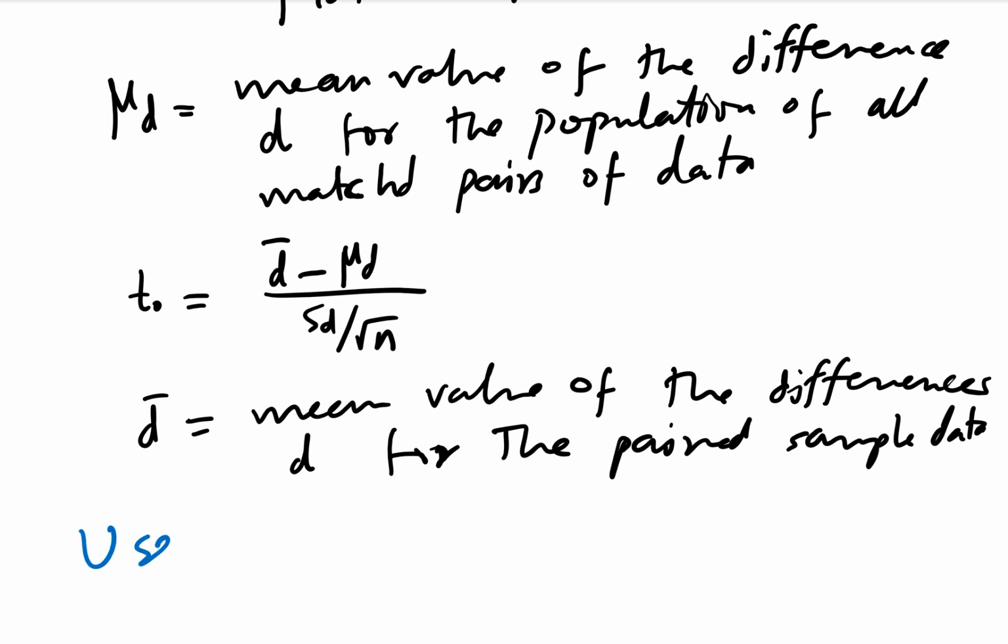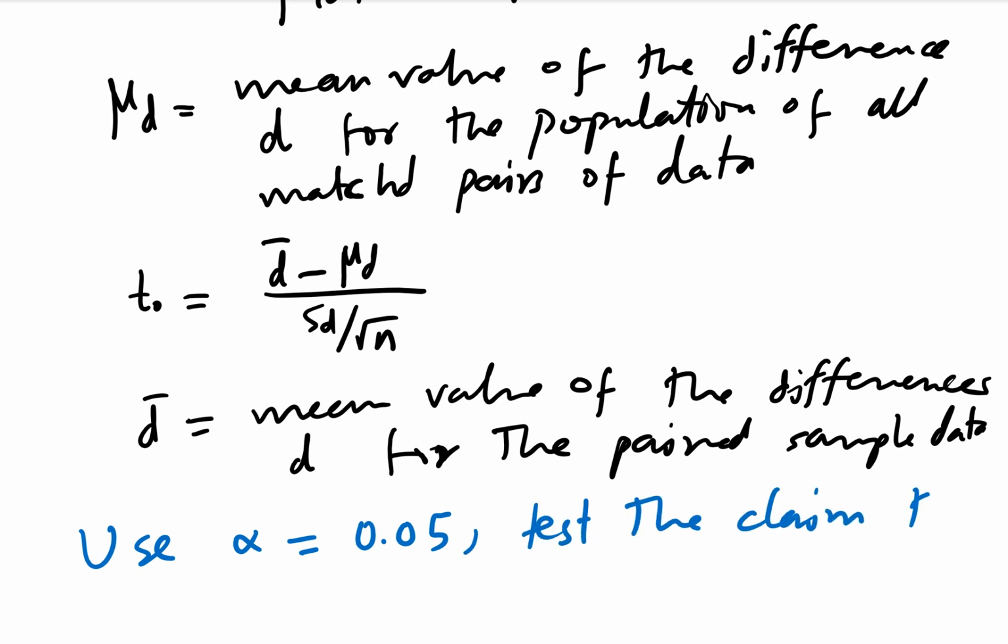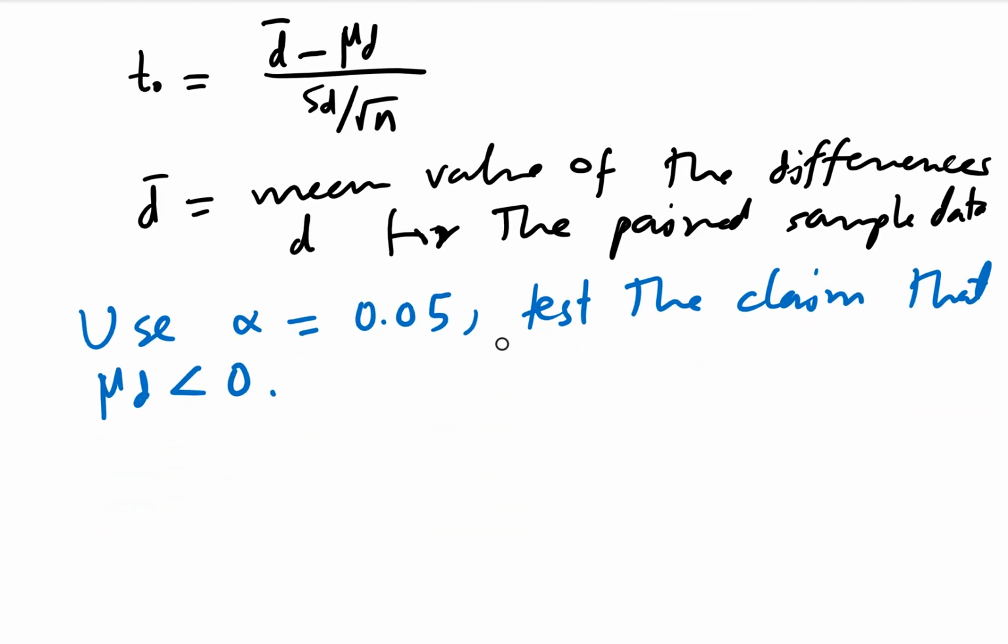So let's say we use alpha 0.05. We need to test the claim that mu sub d is less than 0. When we test claims, there are null and alternative hypotheses.